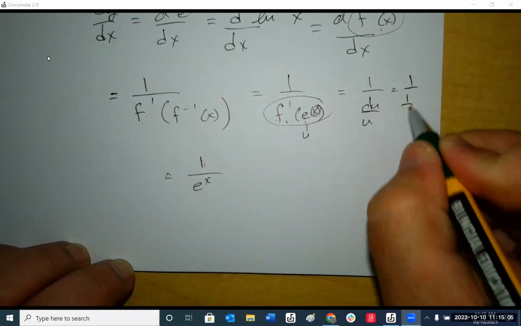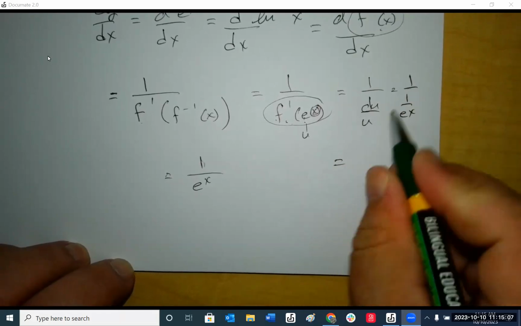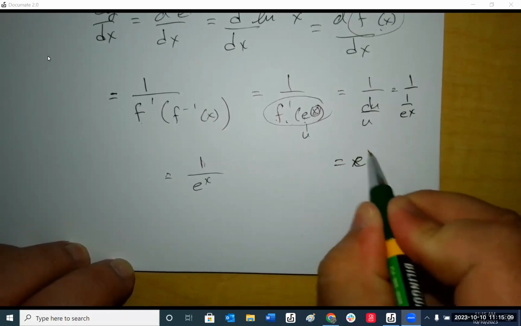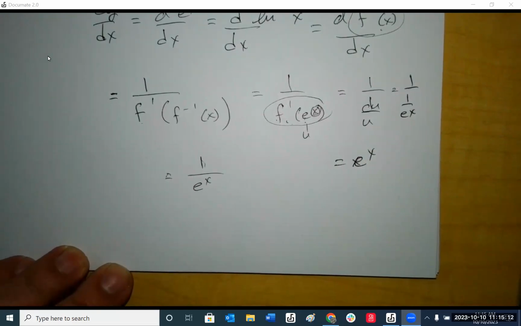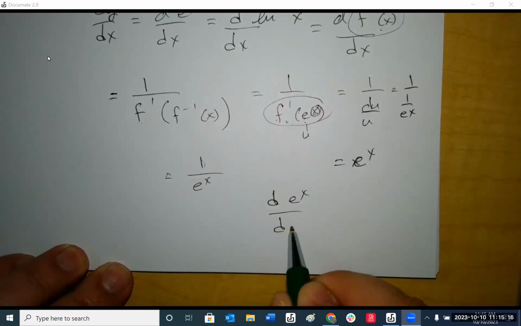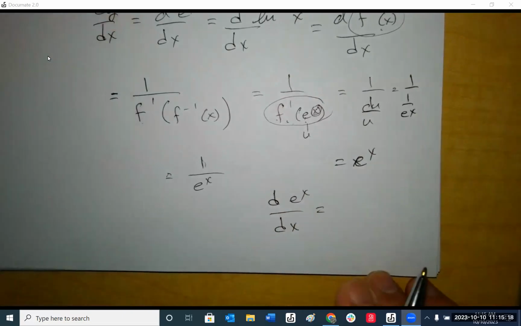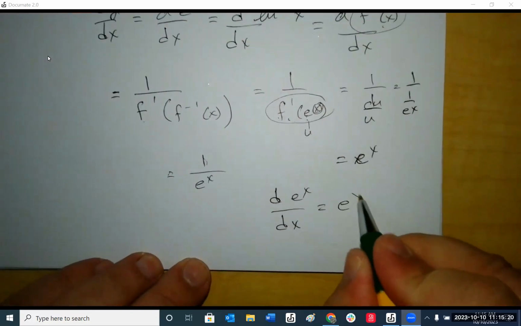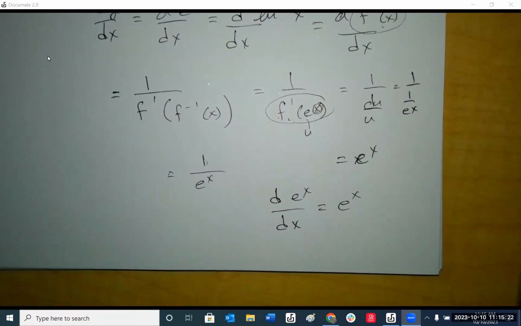So it's e to the power x. That proves the derivative of e to the power x is e to the power x. That's why I love e to the power x.